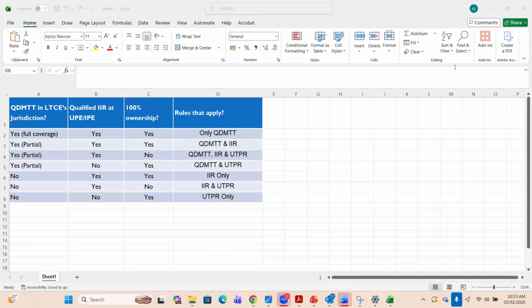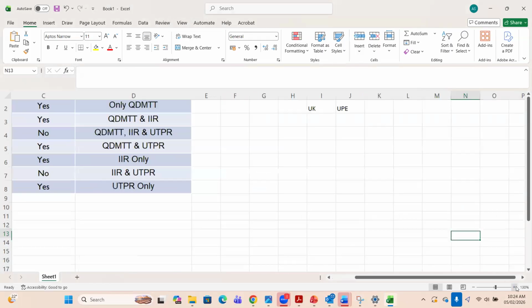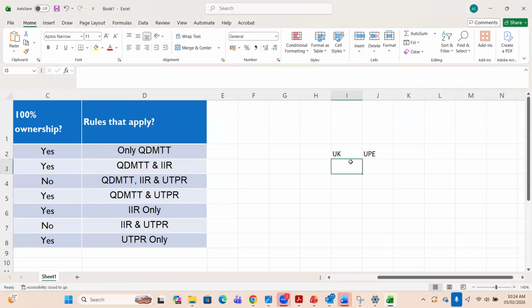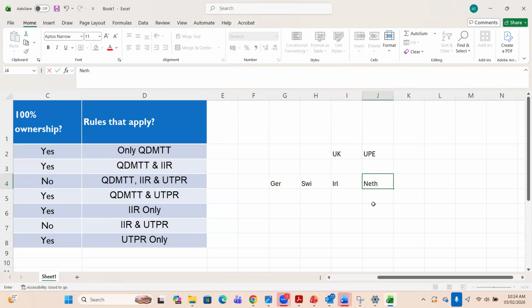Let's say, for example, the UK company is the UPE. And then I have another company, a German company, a Switzerland company, an Ireland company, and a Netherlands company.